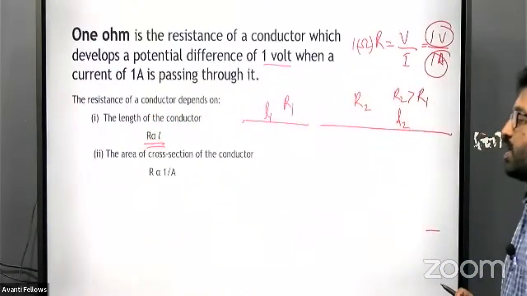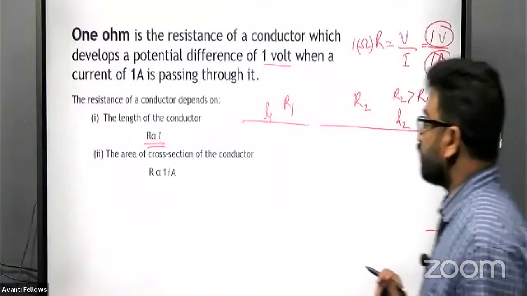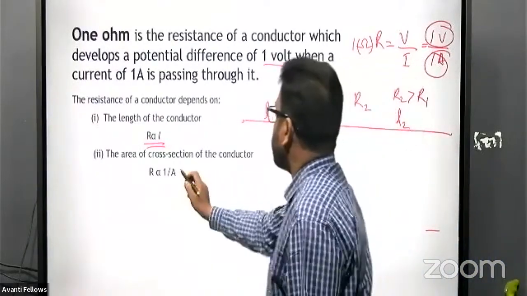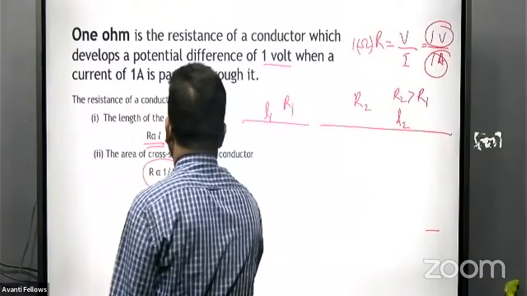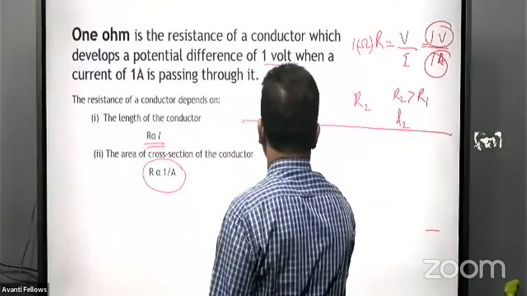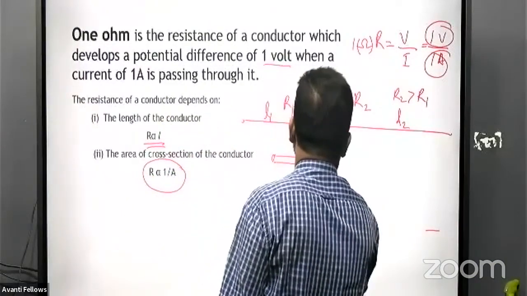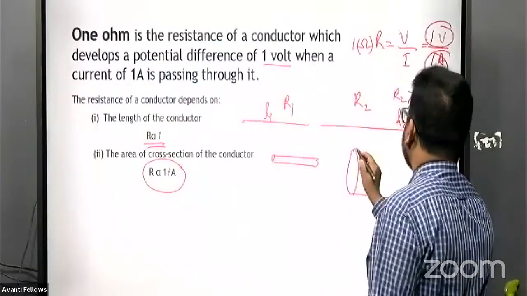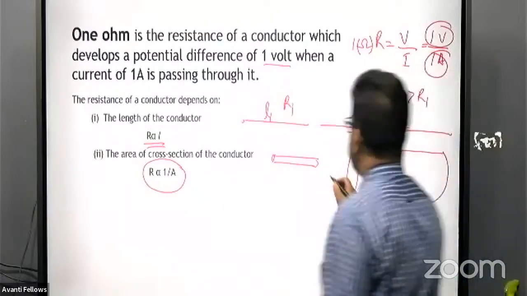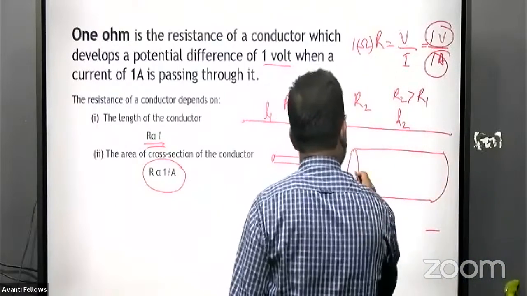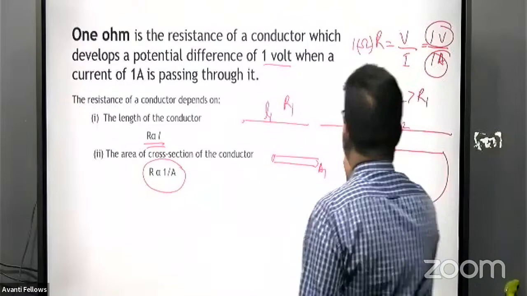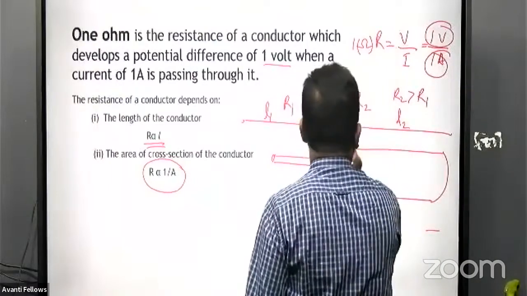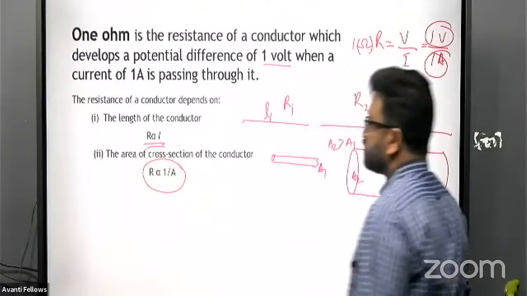The next one is the area of cross section of a conductor. R is inversely proportional to area of cross section. Suppose you have a small wire and a bigger one, with areas of cross section A1 and A2, and A2 is greater than A1.